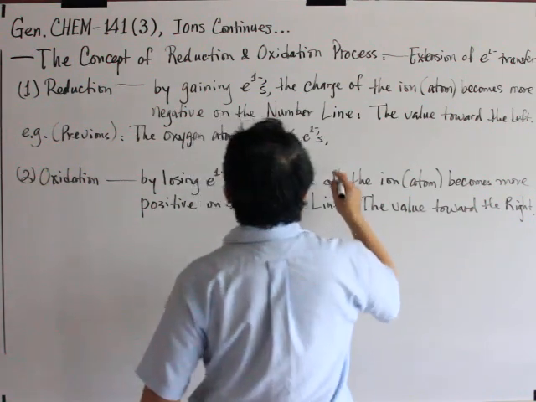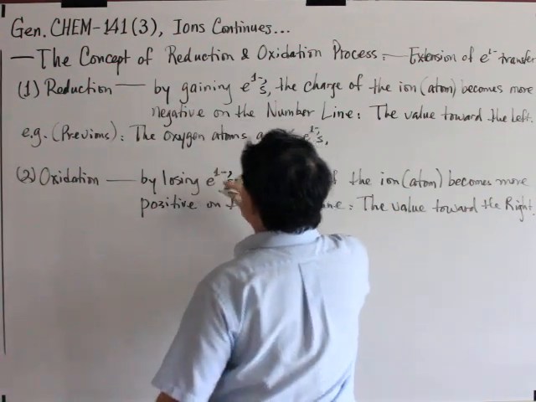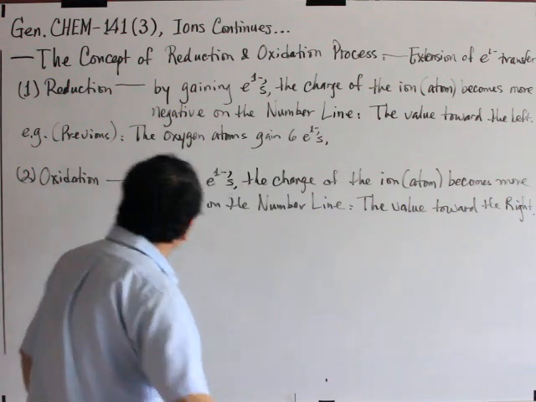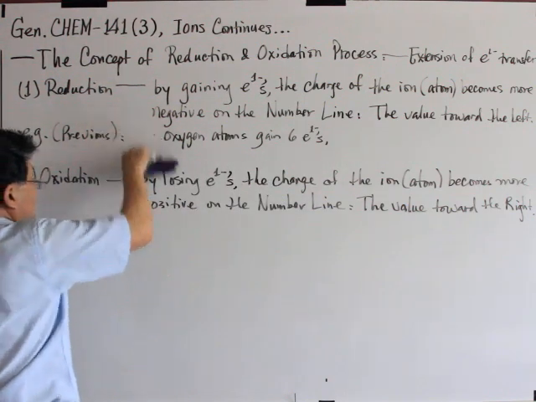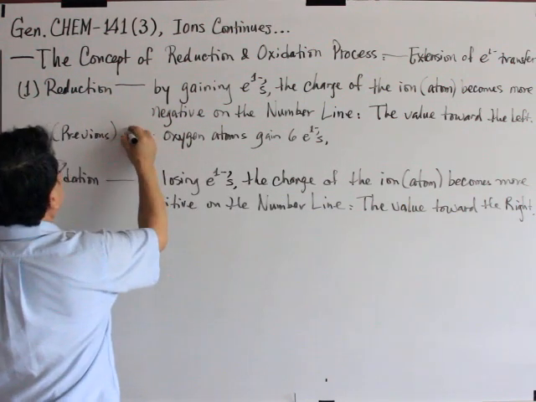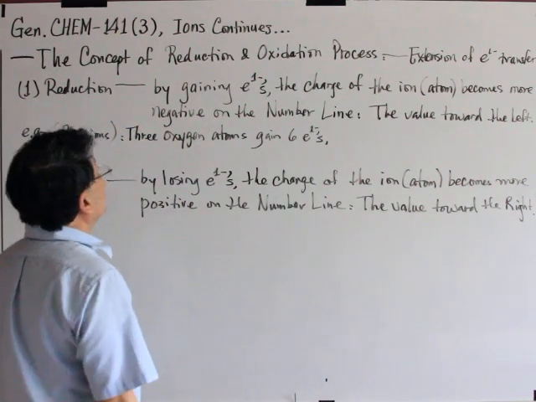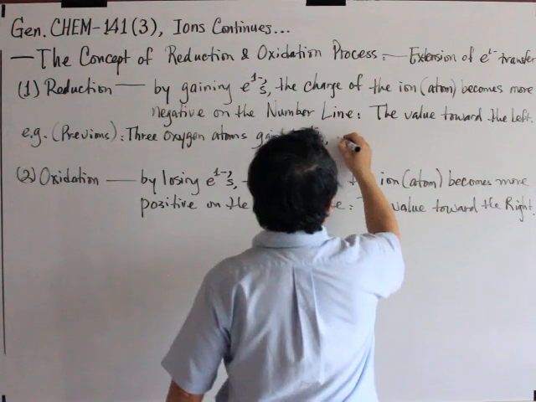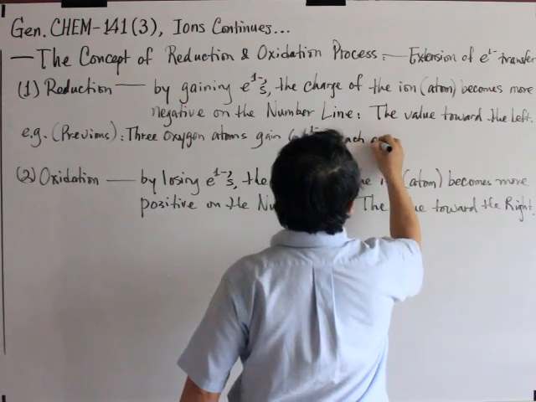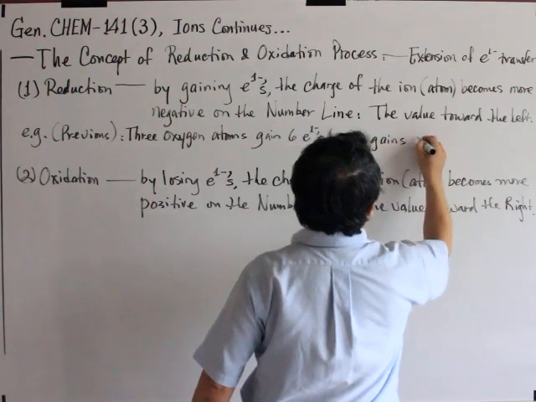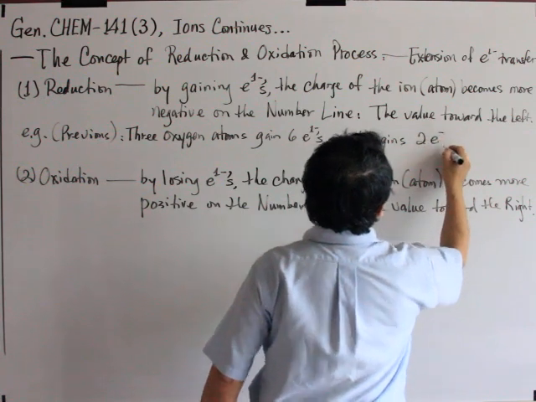And 3 oxygen atoms. Let's put here 3 oxygen atoms. How's that? 3 oxygen atoms gain 6 electrons, and each gains 2 electrons.